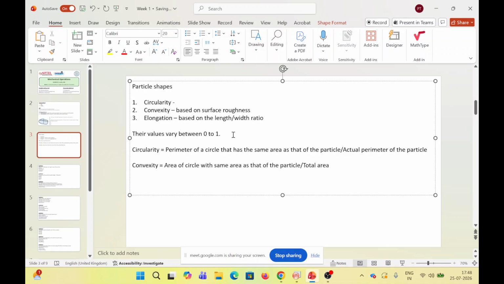And elongation is basically to check how elongated the structure is. So if I say elongation, let me write the expression: 1 minus width by length.